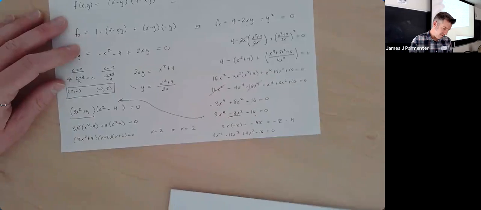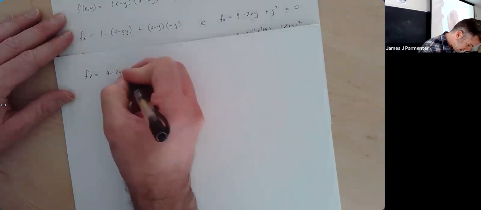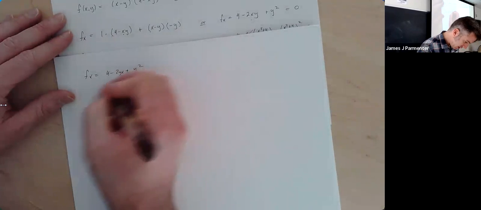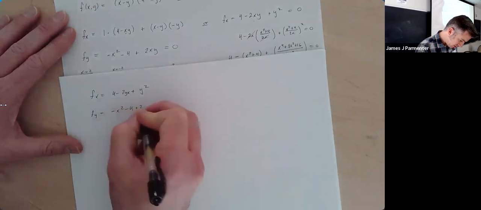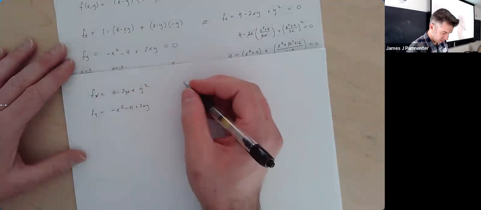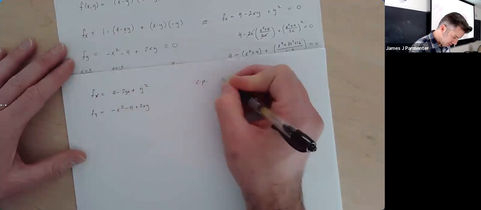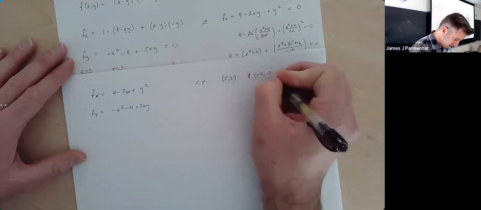Let me just write down fx and fy again. So fx is 4 minus 2y plus 2yx plus y squared. And fy is negative x squared minus 4 plus 2xy. The critical points are 2, 2 and negative 2, negative 2.